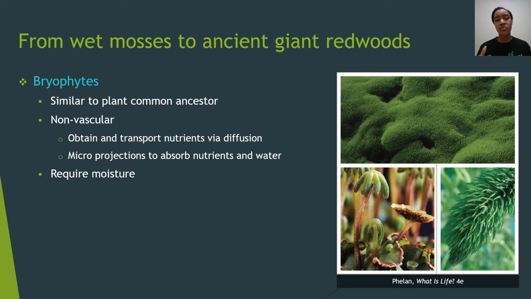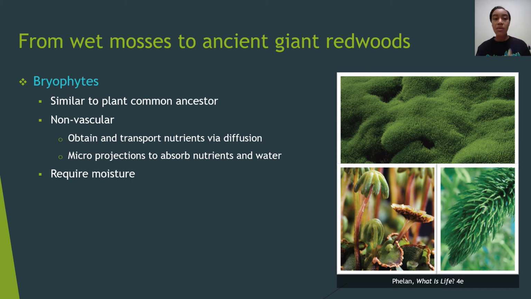We'll talk more about what vascularization is, but they have no tubing to transport water and nutrients throughout their tissues. Instead, they obtain nutrients through diffusion from the water and the soil in moist areas. And they have small microprojections that help to absorb water and nutrients from soil.